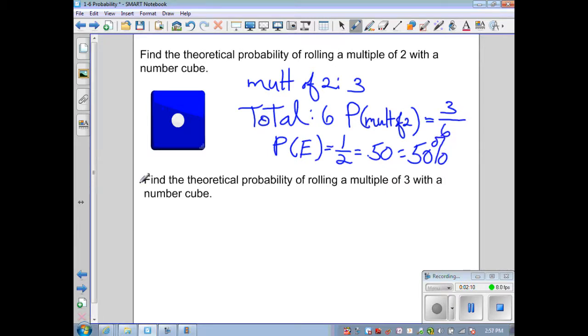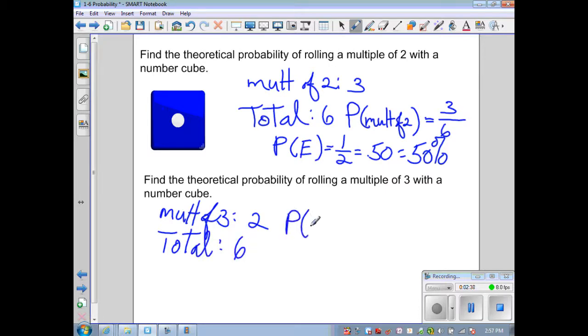The next problem, they want us to find a theoretical probability of rolling a multiple of 3. Well, how many ways can I get a multiple of 3? Those numbers on a die for a multiple of 3 is either going to be 3 or 6. So there are 2 ways to get a multiple of 3. Total possible outcomes is still going to be 6.